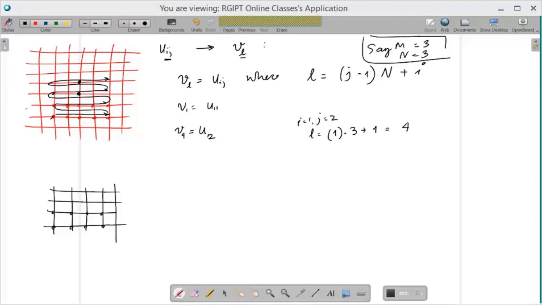Here are the boundary points. Of course, this will be on the top. The 3 by 3 case would look like this.